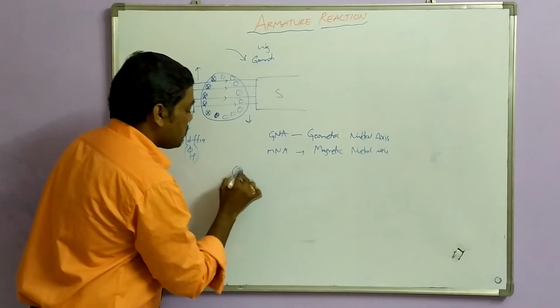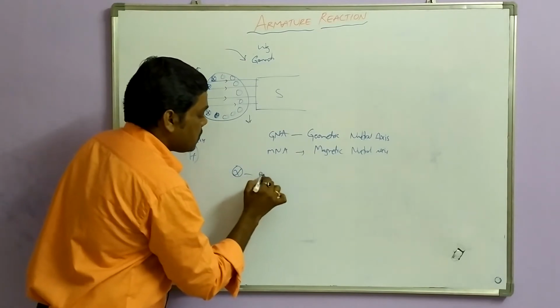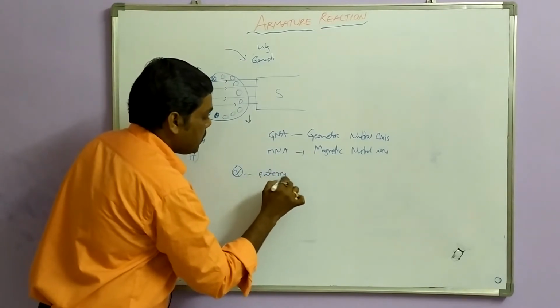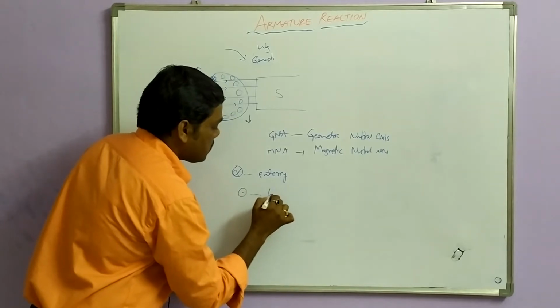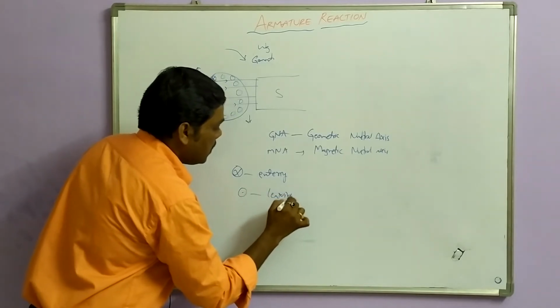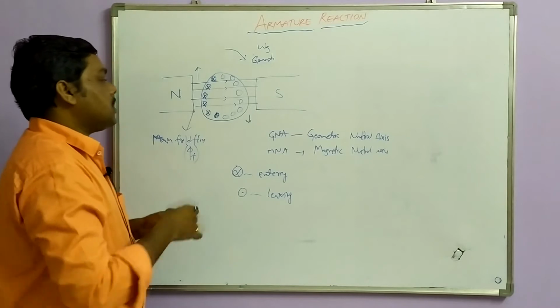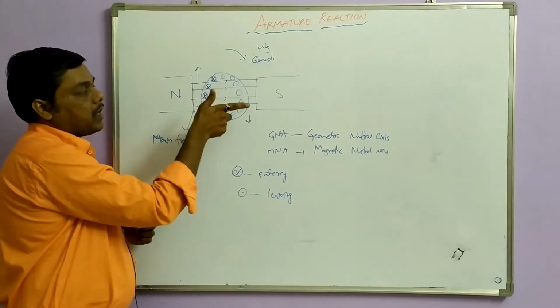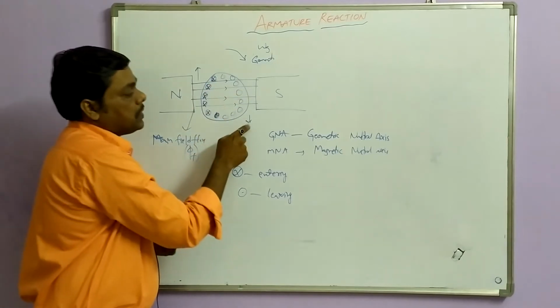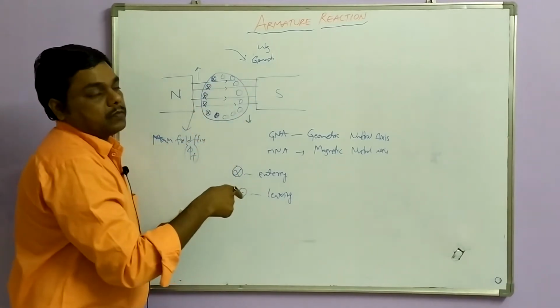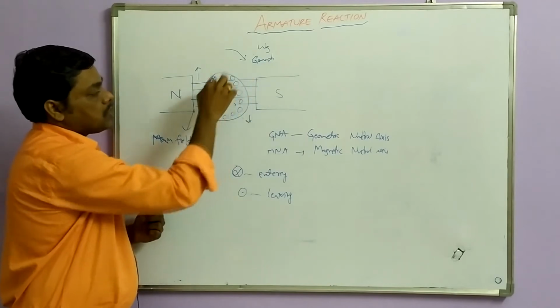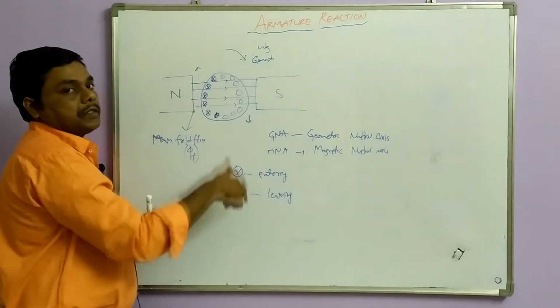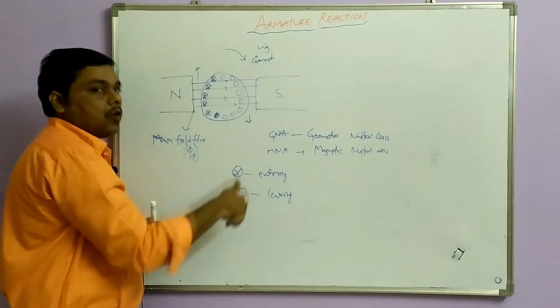Now we know what is meant by cross. Cross stands for entering, and dot stands for leaving. Now the current is entering into the plane as per your right hand thumb rule. Now what about the downward direction? This conductor is experiencing the force in downward direction. The motion of this conductor is downwards.